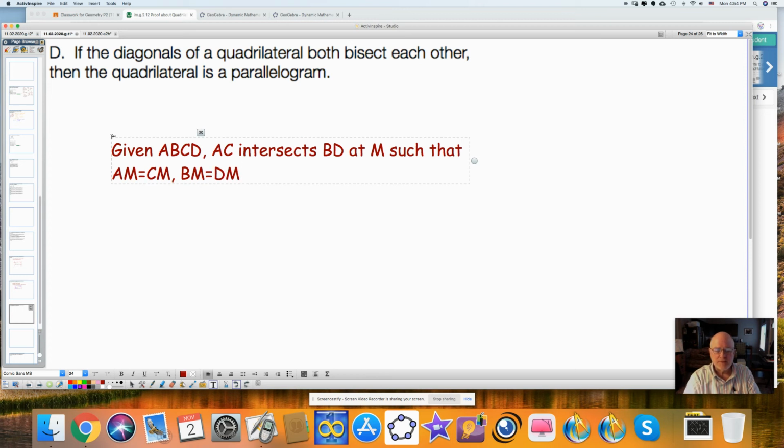What that means is they bisect each other. AC, when it intersects, is going to cut BD into two equal parts, and BD is going to cut AC into two equal parts.